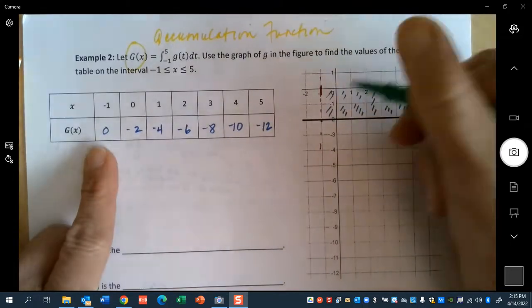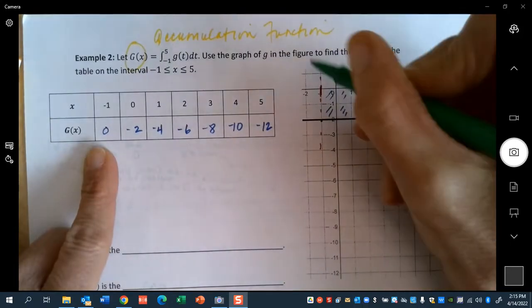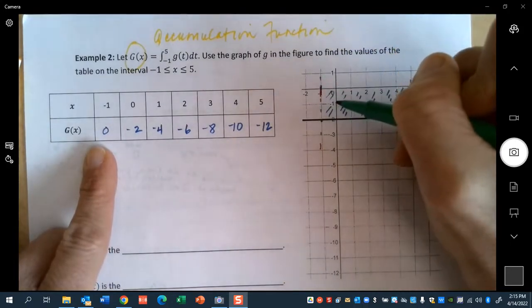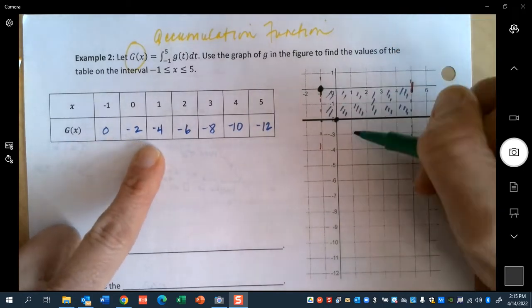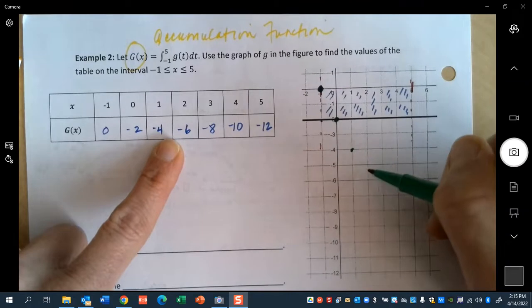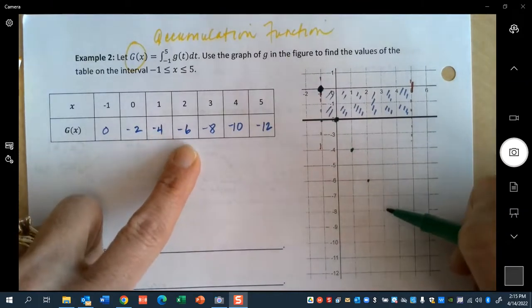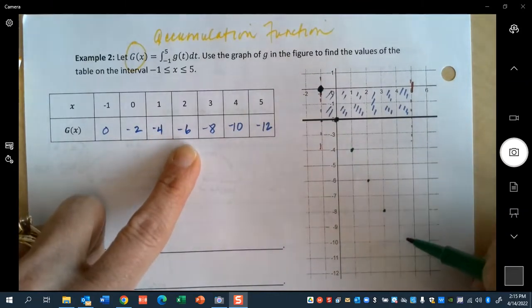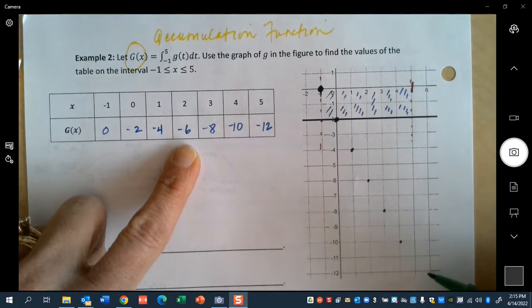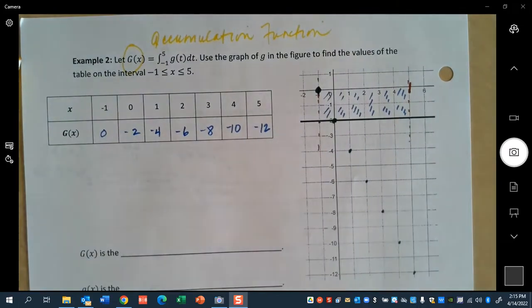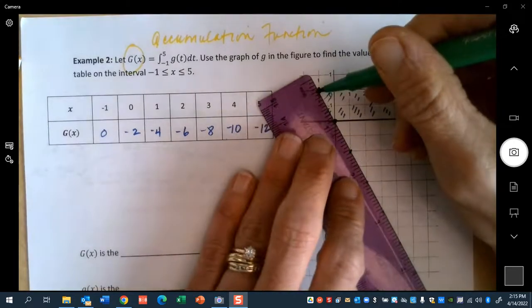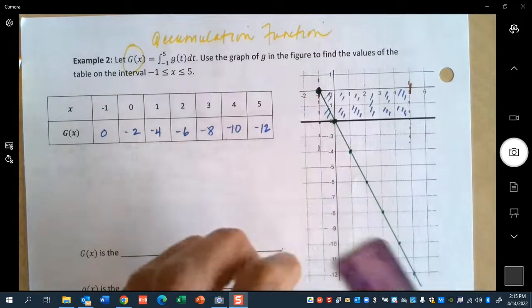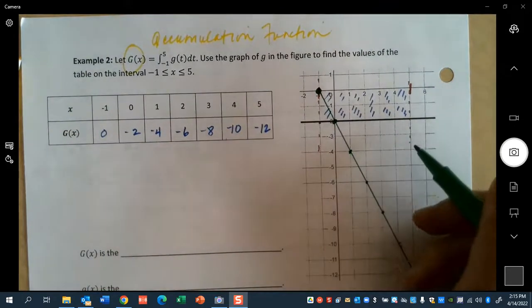So at -1, I'm at 0. -2, -4, -6, -8, -10, -12. So what's interesting is when I go to graph this function, I see it's a linear function.